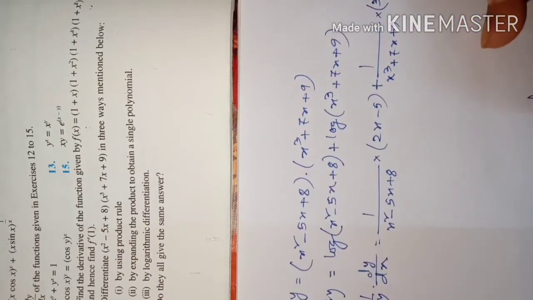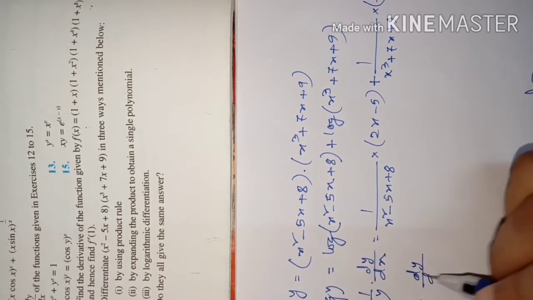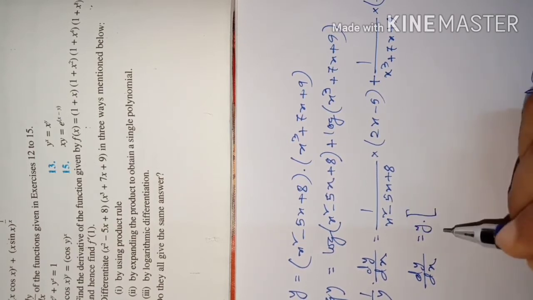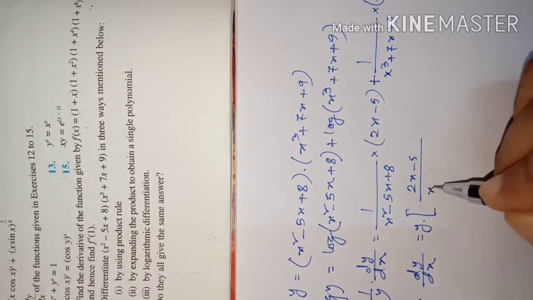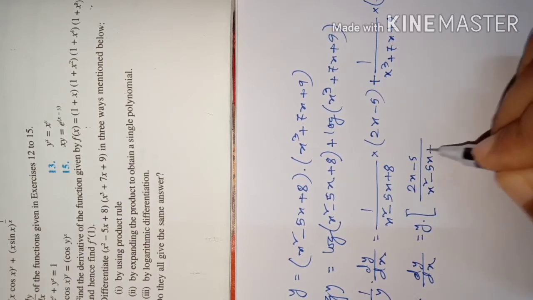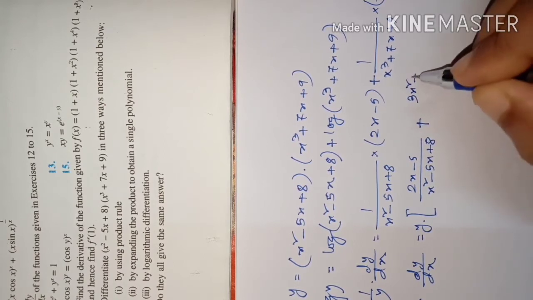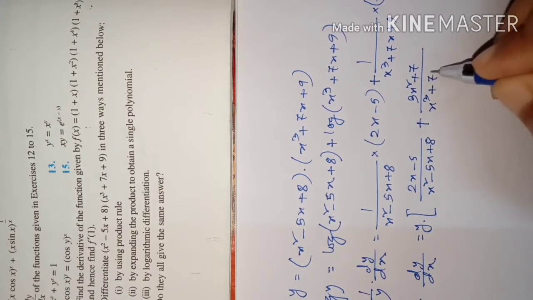Okay, we got here dy by dx equal to y into twice x minus 5 by x square minus 5x plus 8 plus 3x square plus 7 by x cube plus 7x plus 9.